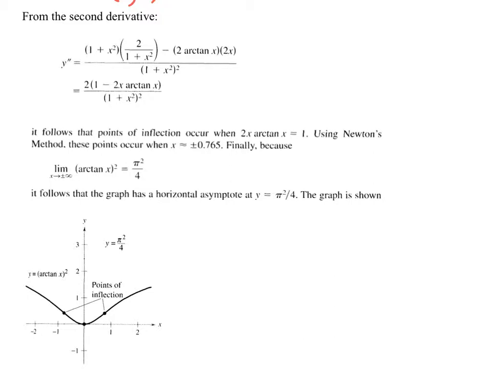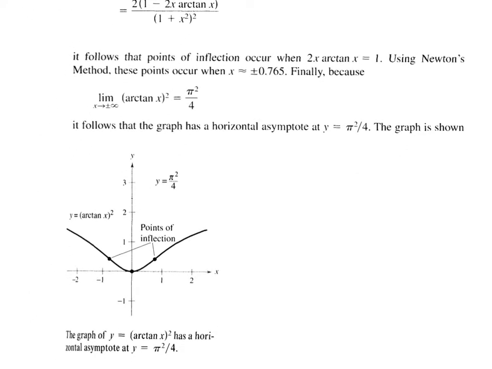If you look at the limit as x approaches positive or negative infinity, arctangent is approaching pi over 2, and pi over 2 squared is pi squared over 4.